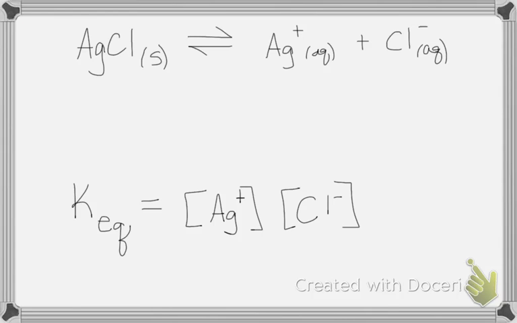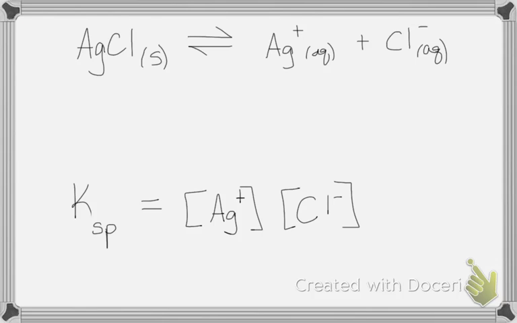Guys, since this is a certain type of equilibrium reaction, it is a solid, and I'm showing how it dissolves in solution, the equilibrium constant has a special name. Instead of KEQ, it's called a Ksp.